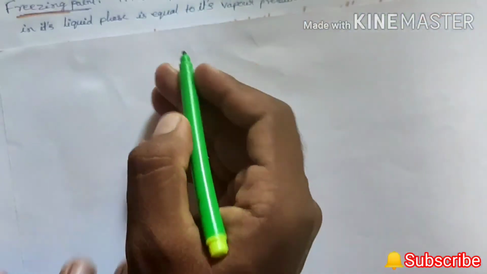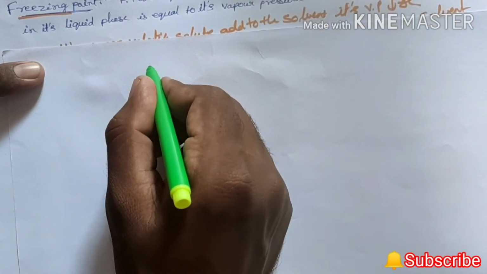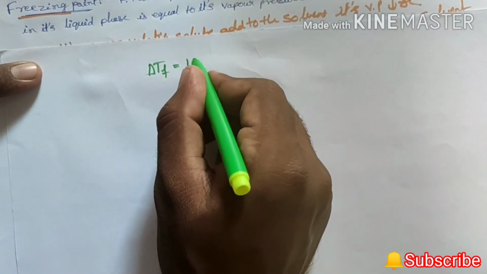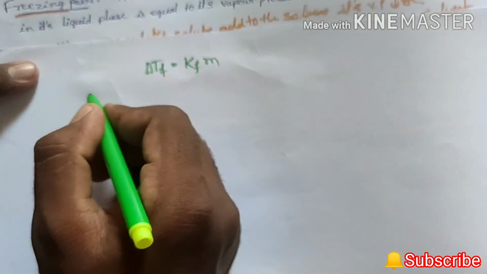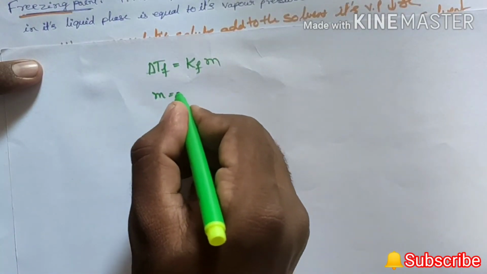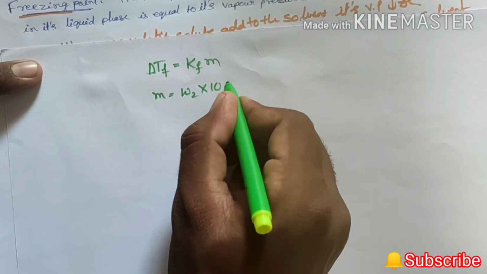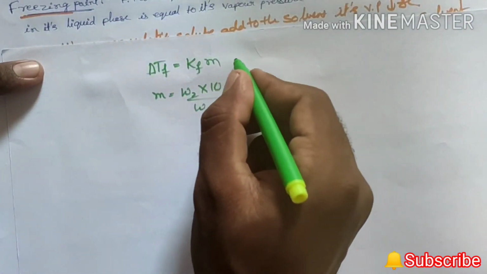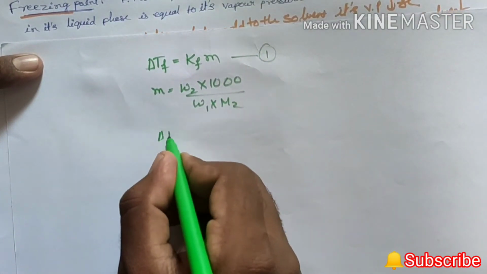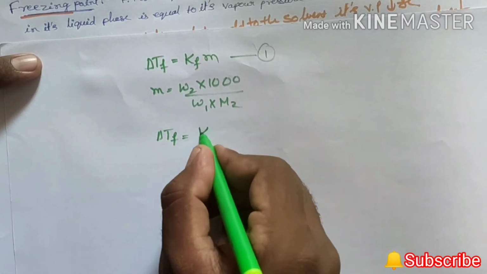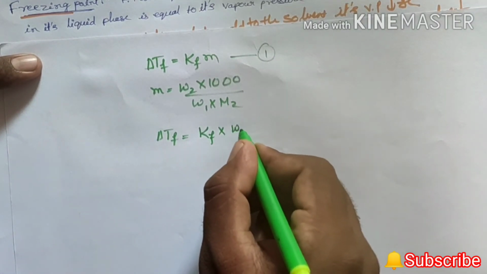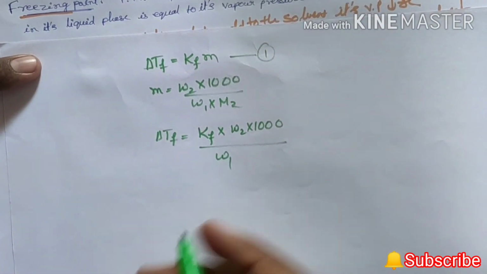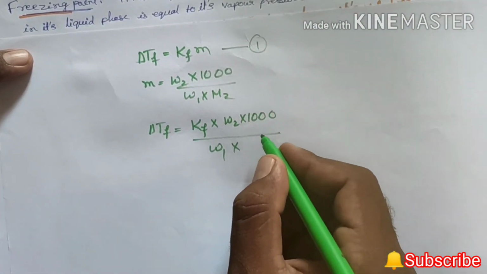From this we know the equation: delta TF, the change in the freezing point, equals cryoscopic constant into molality, where m equals W2 into 1000 divided by W1 into M2, dear student. Substituting this in equation 1, delta TF equals KF into W2 into 1000 divided by W1 into M2.